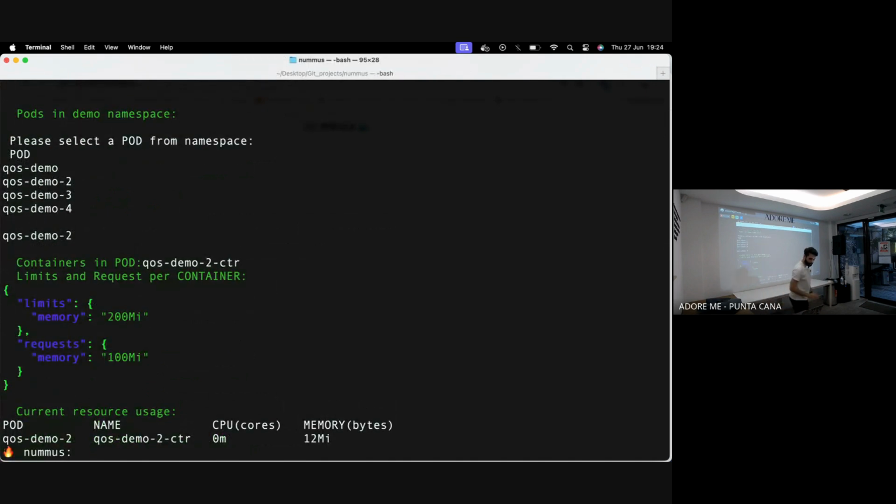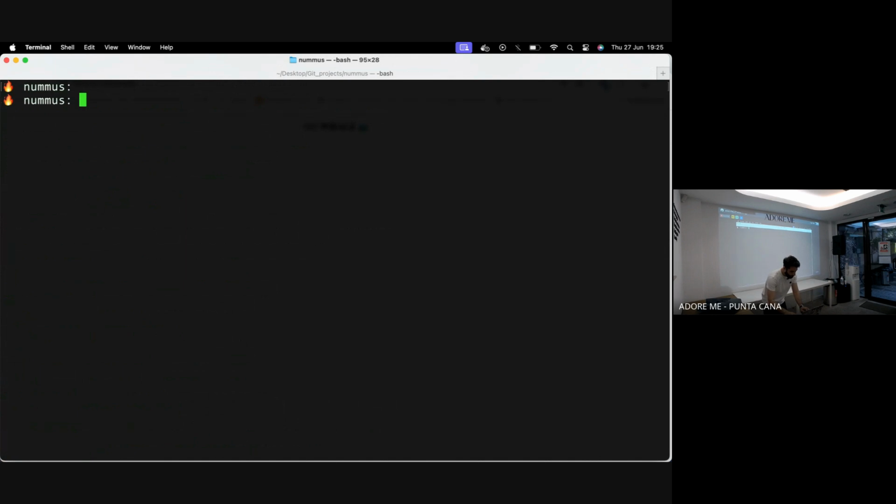You see, this one has limits for memory and requests for memory, but it doesn't have anything with regards to CPU. Do you know which class is this one? Burstable, yes. Cool. And now this is the entry point in resource management in Kubernetes.